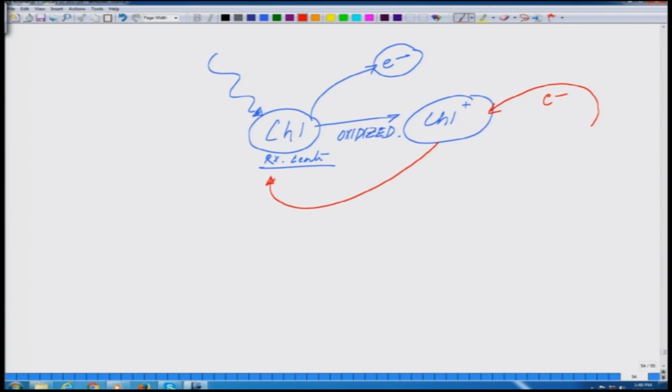So, you realize that for such a reaction to proceed for a prolonged period of time, we will be needing a perennial source of electrons.